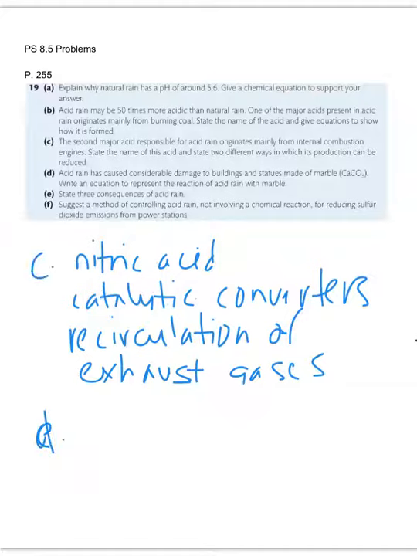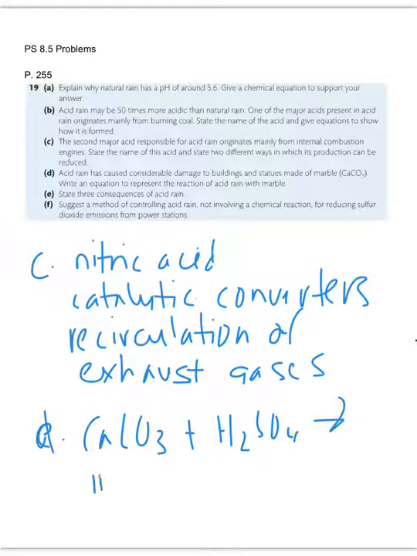So CaCO3 with either HNO3 or H2SO4, what's going to happen is you're going to have a replacement reaction, and you're going to end up with H2O and CO2 from the H2 and the CO3 combining, and then you're going to be left with calcium sulfate instead.